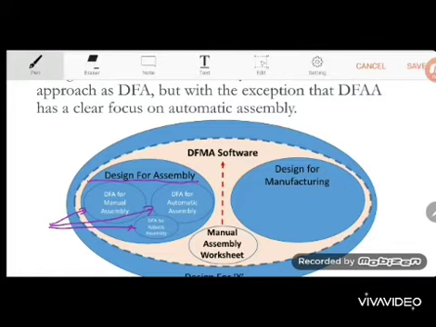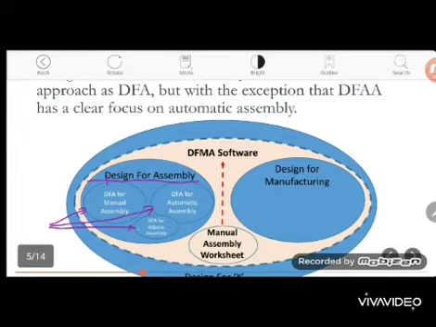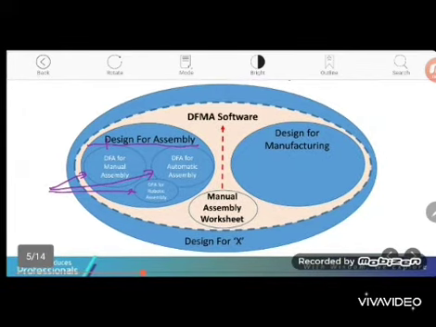If we are targeting automatic assembly for a product, the product must be designed very well from the beginning. So this is the approach.